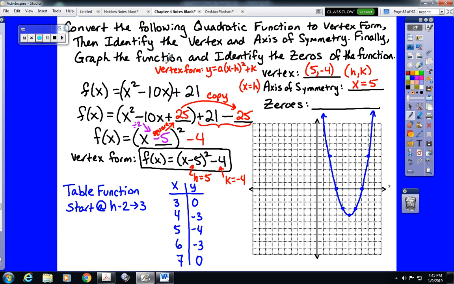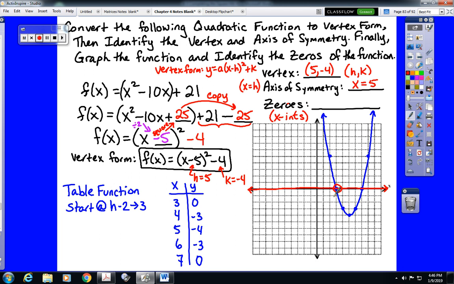The final step is to identify the zeros. Well, we've discussed in class several times how zeros, there are several words to describe that, and one of those words is x-intercepts. So the reason we're graphing before we identify the zeros is we are looking for the x-intercepts. We are looking to see where that function crosses the x-axis.